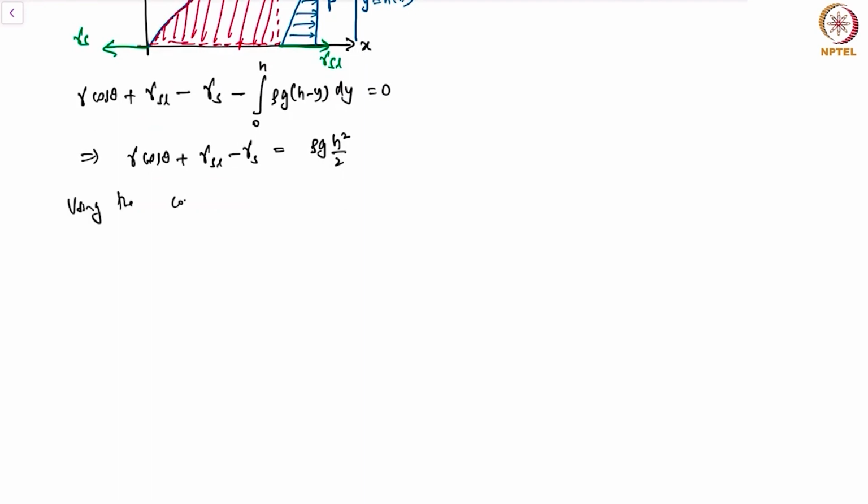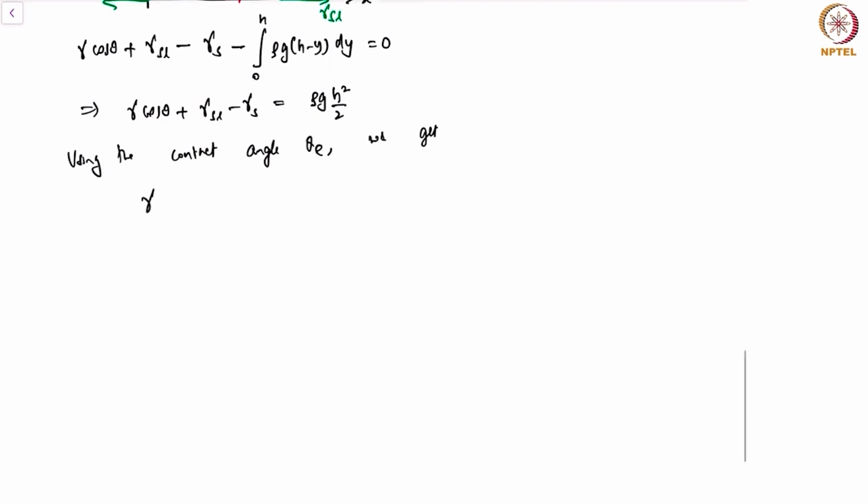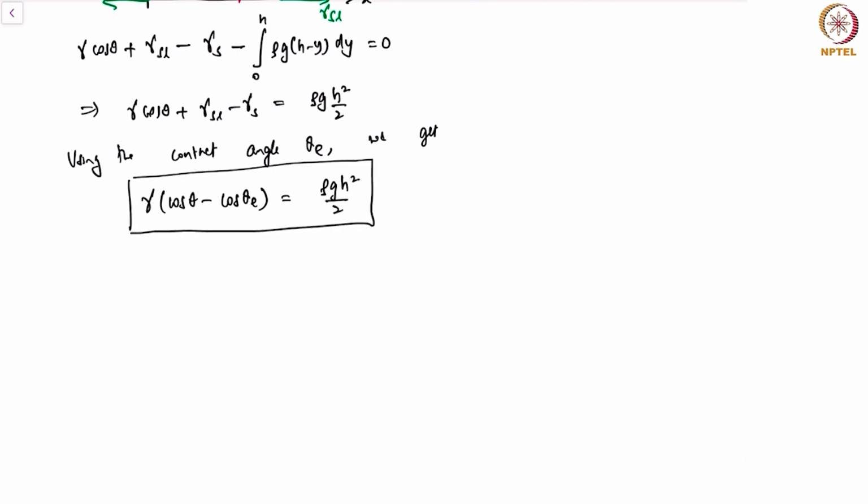Okay, then using the contact angle theta e, just like what we had done earlier, we get gamma times cos theta minus cosine of theta e will be rho g h square by 2. Okay, this is what we have.